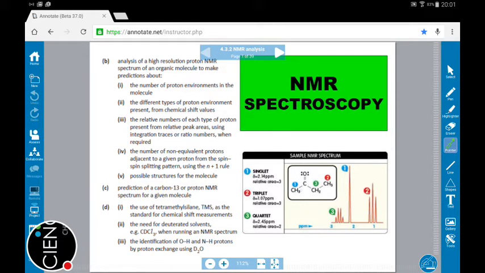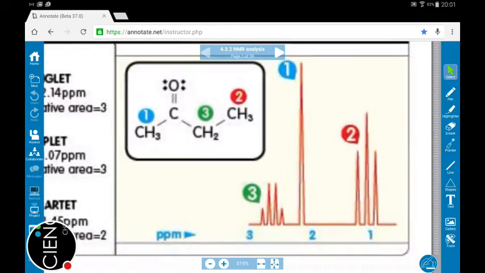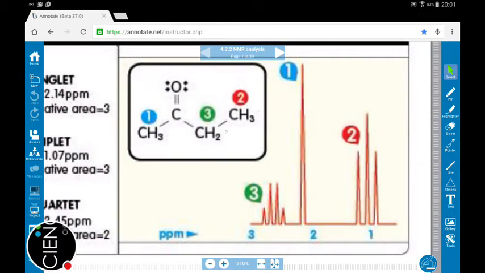So in this molecule, if I just zoom in a bit here, what we have is 3 different peaks, and this one is a distinctly different environment compared to this one over here, and this one is a different environment compared to this and this.